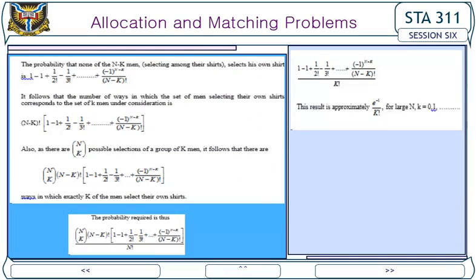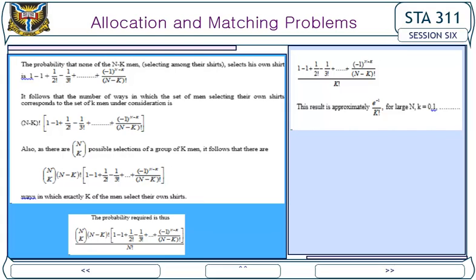The probability that none of the n − k men selecting among their shirts selects his own shirt is given, and it follows that the number of ways in which the set of men selecting their own shirts corresponds to the set of k men under consideration is as follows.